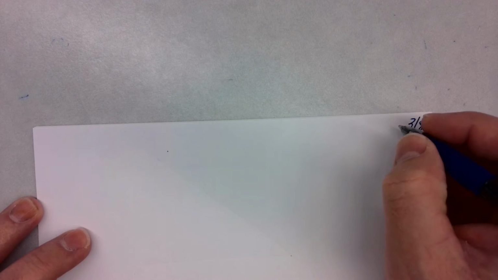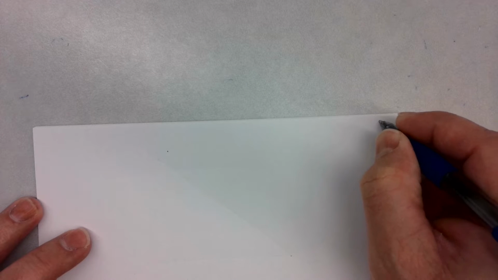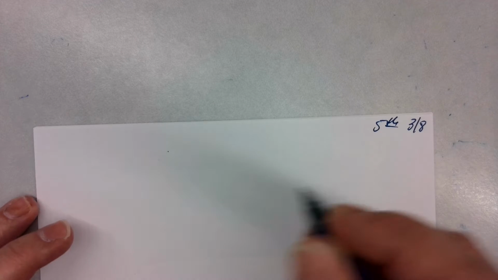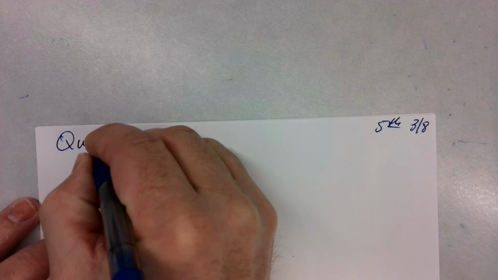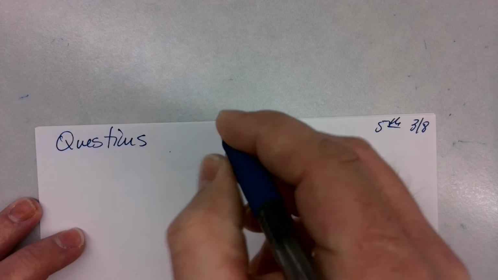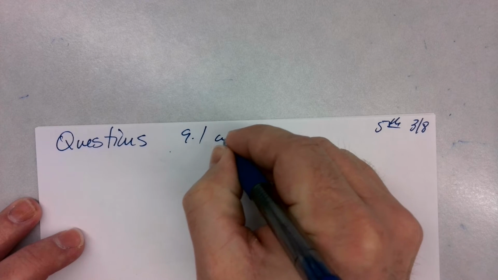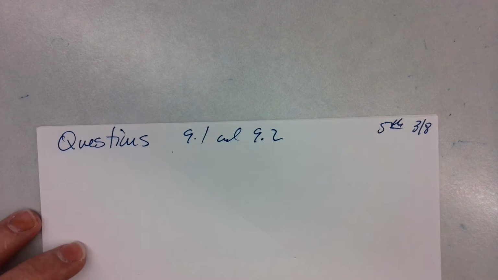Alrighty, so it is the 8th today, and this is obviously 5th period, and this is going to be questions 9.1 and 9.2. What do we got? Murray, you like sending a text right in front of me? I'm trying to take a picture of my assignment because it wouldn't submit.